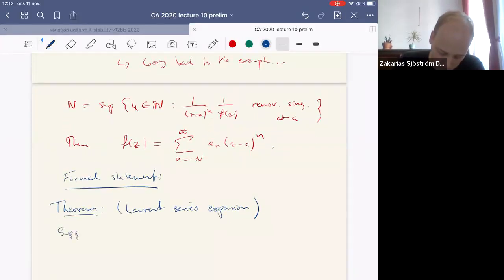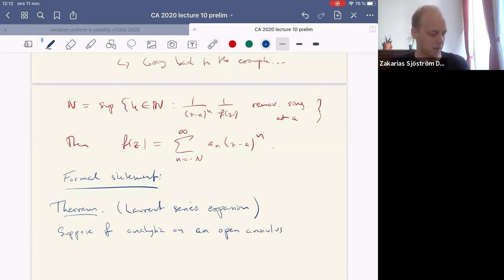Suppose that f is analytic on an open annulus. This is the first point where it differs.